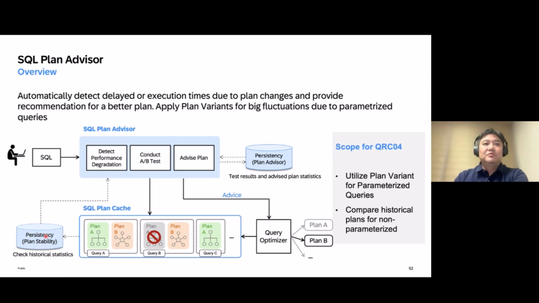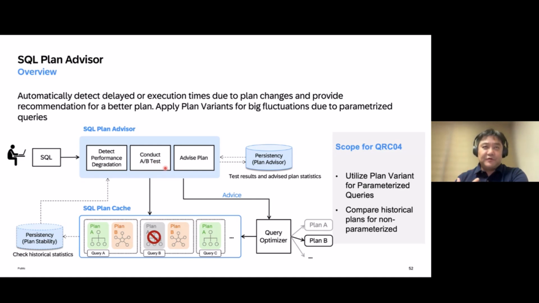It reads the SQL plan stability historical statistics and compares them with the current performance within the SQL plan cache. If the current plan has degraded performance, that will be reported, and the admin can conduct A/B testing.